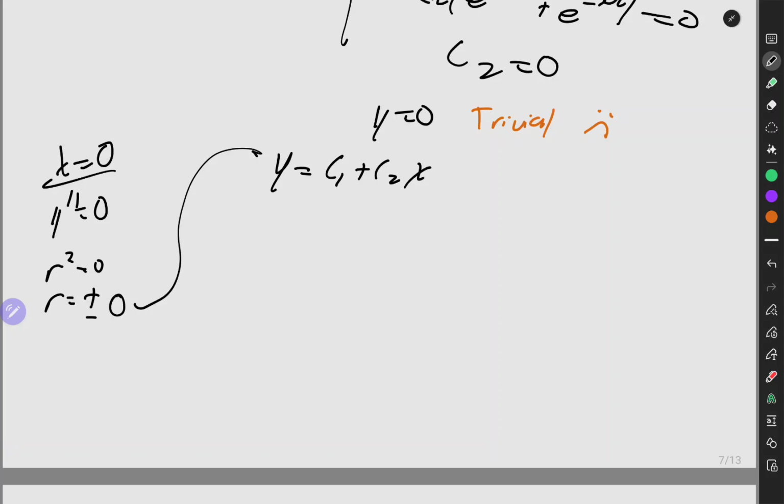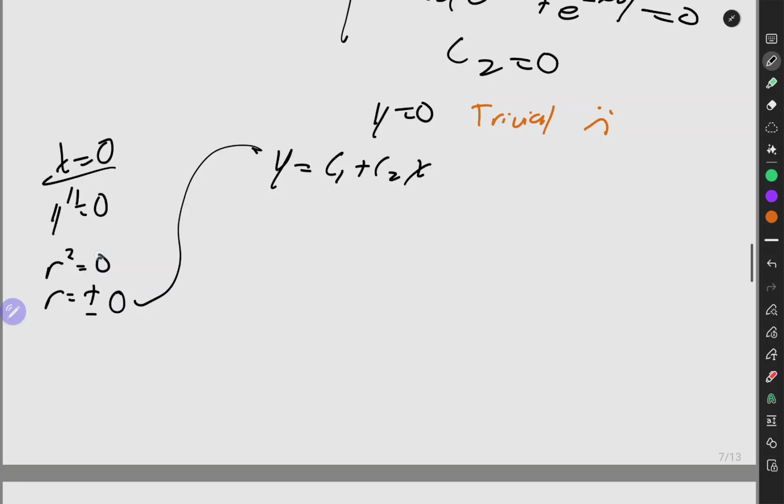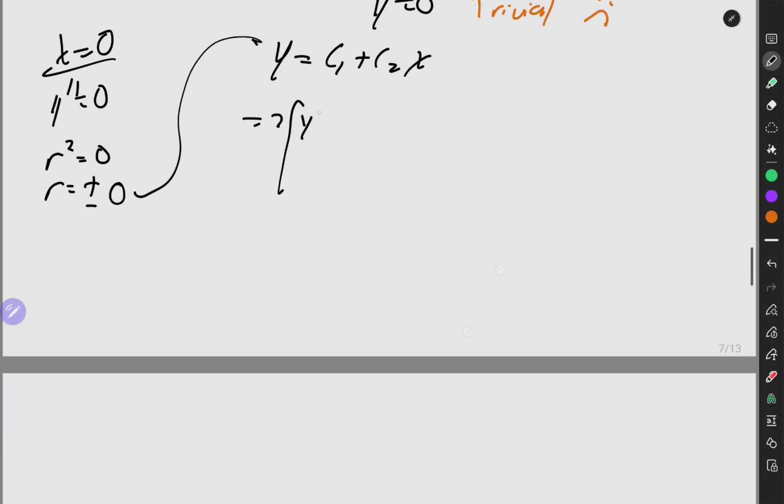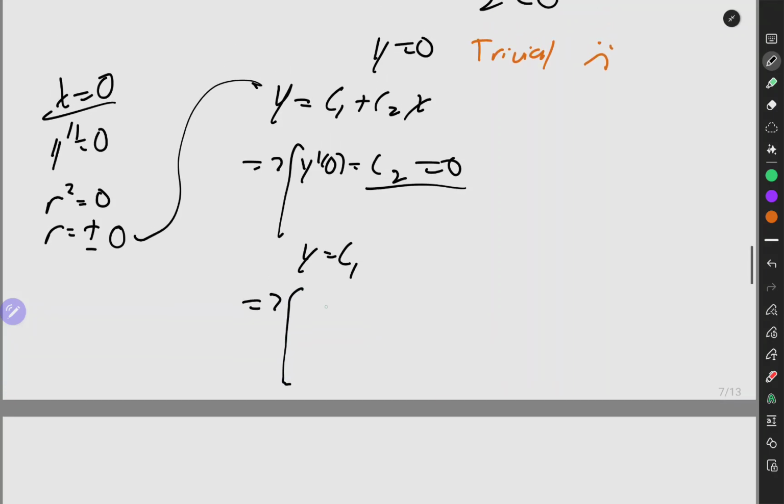Y prime of 0, that's C2. Well, that's easy. So that's a possible. Well, it can't be because the other ones weren't constant. So I can tell you right now, this is trivial.